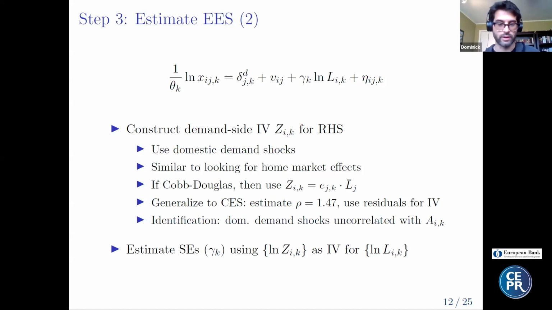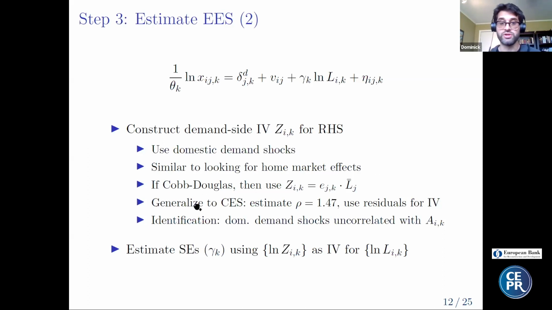Countries that have a higher expenditure share on a good, because they just happen to have a taste for it, would, all else equal, be expected to have larger industries, but in a way that wouldn't necessarily be correlated with their productivity in those industries. And that would be the identifying restriction.